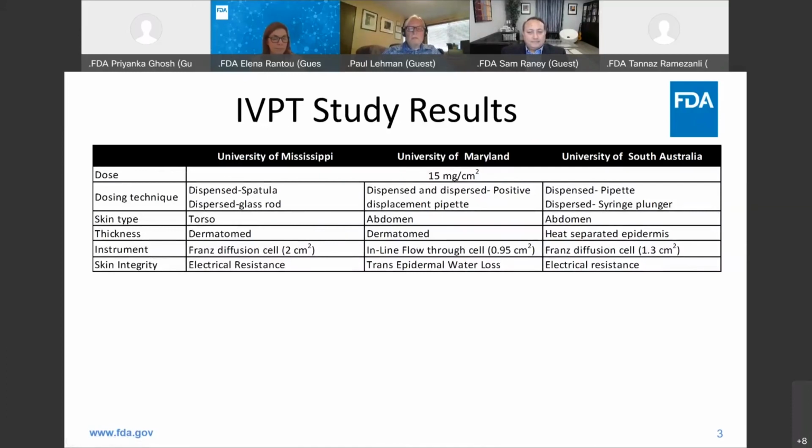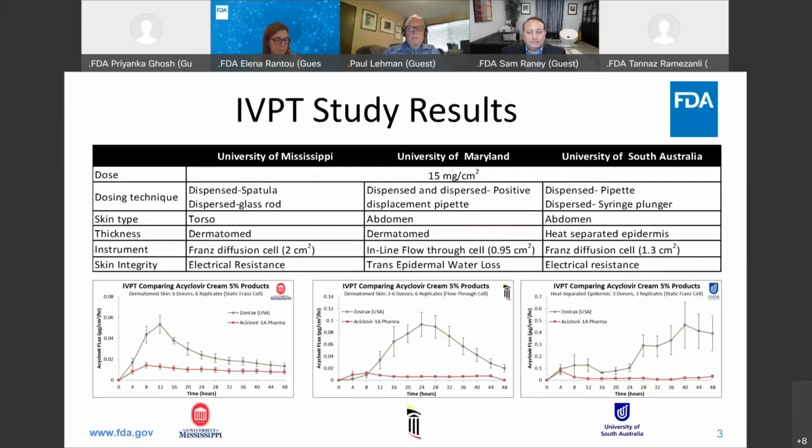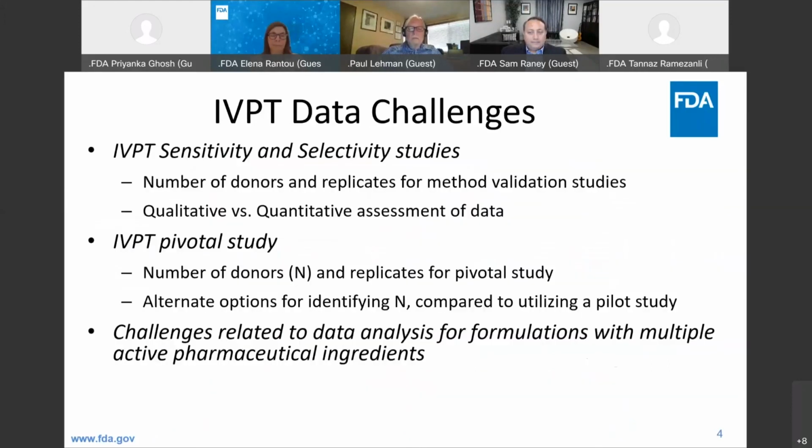However, we also have seen that this can lead to shape of IVPT profiles that may look very different. However, we did discuss how do we analyze some of these data sets. So what we would like to take an opportunity to discuss during this panel is how do we analyze IVPT data for an assessment of BE, and what are some of the challenges that we see during analysis of such data.